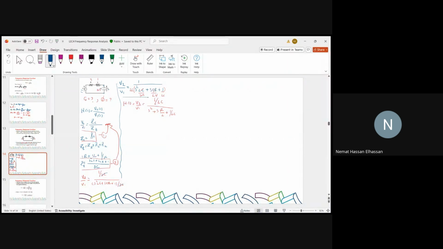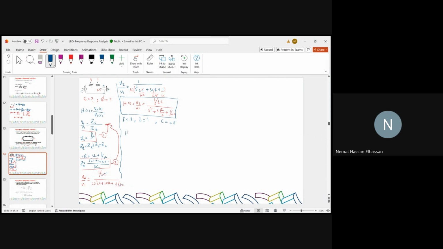So the first step is we have to get the Laplace transform function. Step 2 is substitute S equals J omega. Or before we go there, before we substitute, let's first substitute the values of the components. So we have R equals 3, L equals 1, C equals 0.5. So let's write it here.